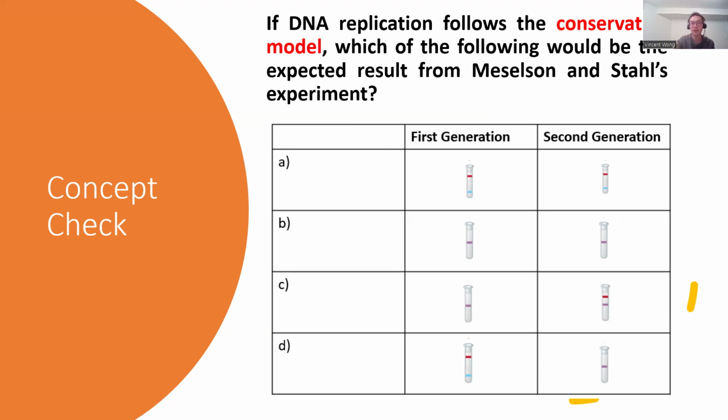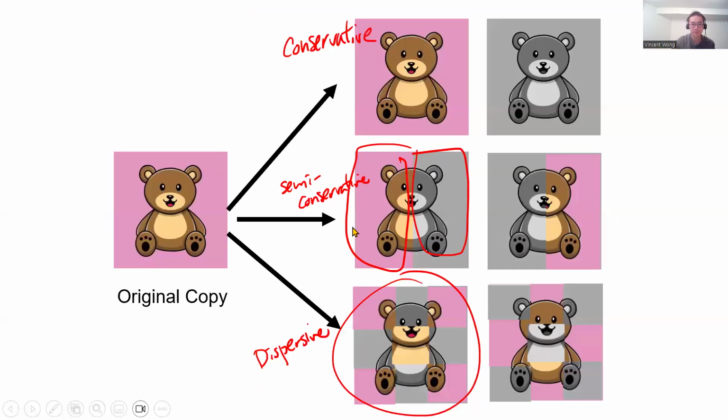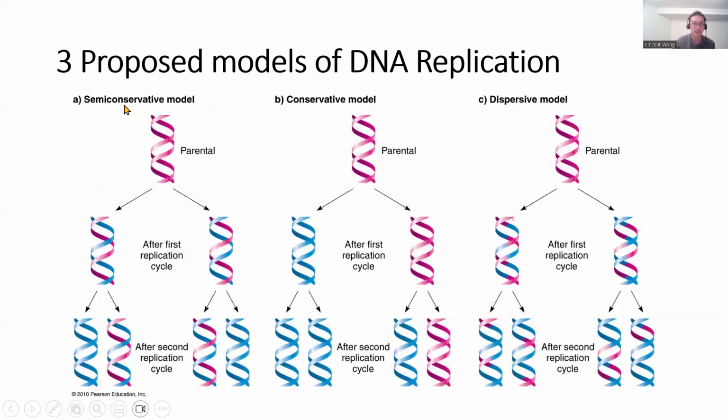This is saying if DNA replication follows the conservative model. That's not true, I showed you it is the semi-conservative model. But if it did follow the conservative model, what would be the expected result? We go back to here and we see the conservative model. In the first generation you would see two bands, one at the bottom and one at the top, and nothing in the middle because we don't have something that's mixed.